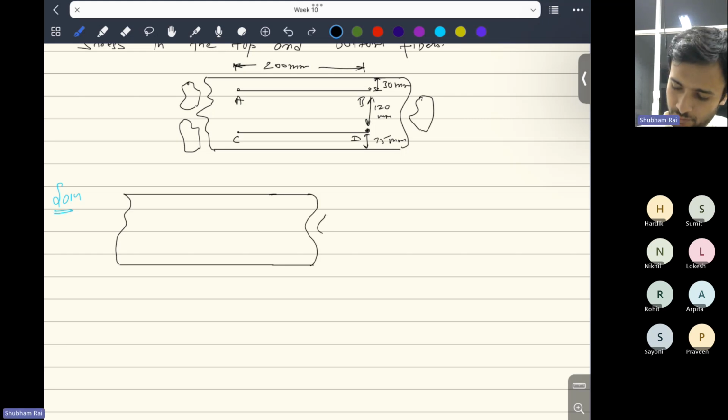I don't know what the exact length is, but we know the gauge length. Gauge length means the length after gripping the specimen, the length that is actually important, in which the bending is going to happen.